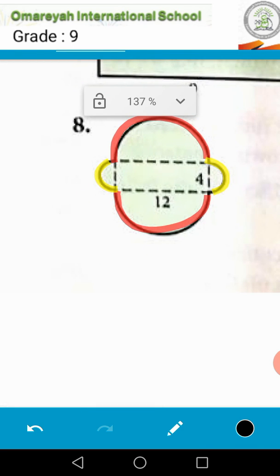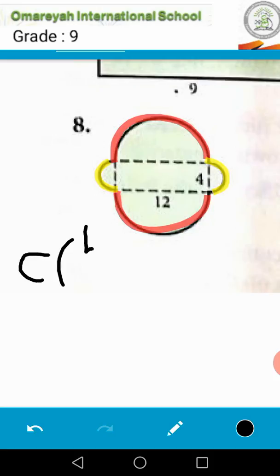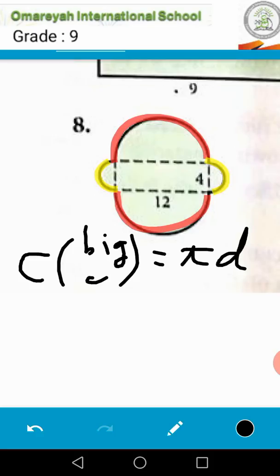Start with the perimeter. We'll find the circumference for the big circle, which is equal to pi times d, right? Pi times d. This is the perimeter of the circle. Sorry, this is the circumference of the circle.